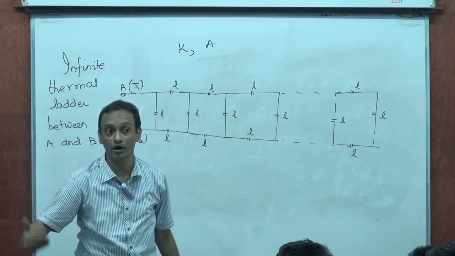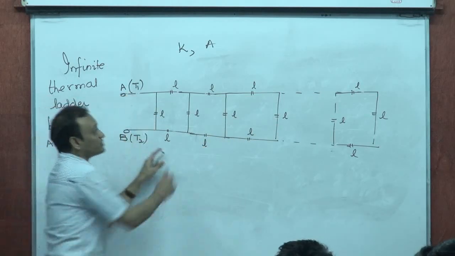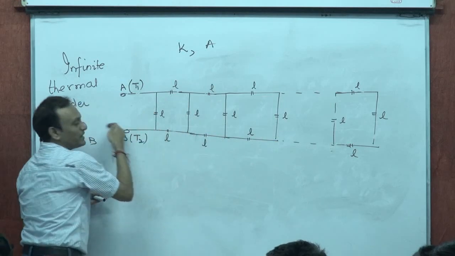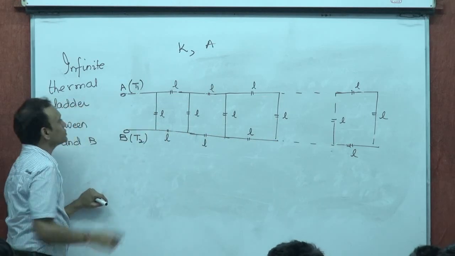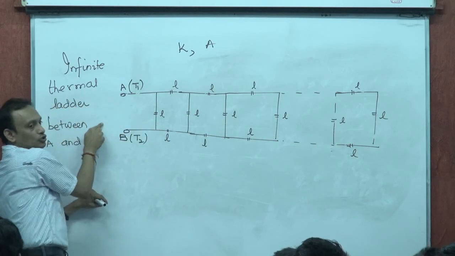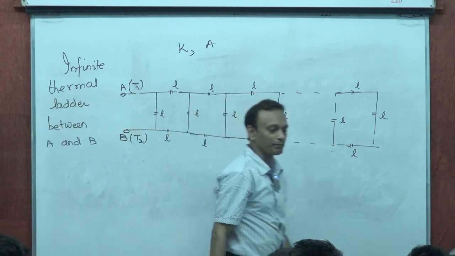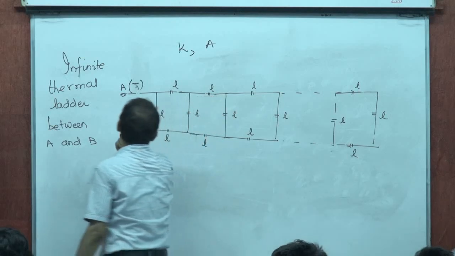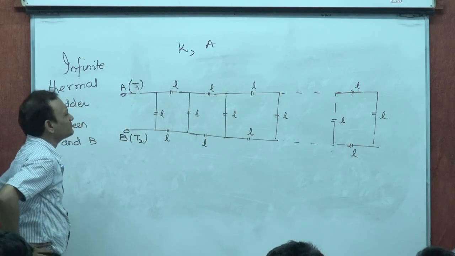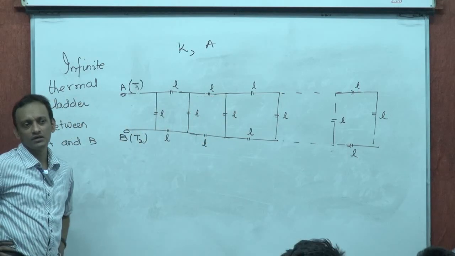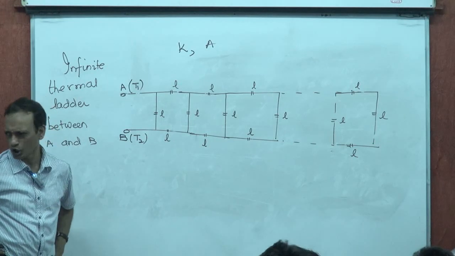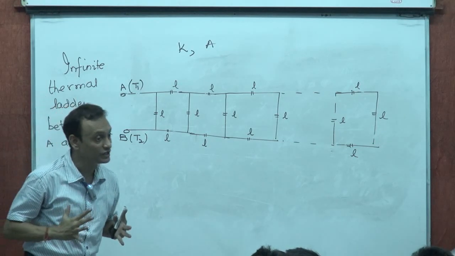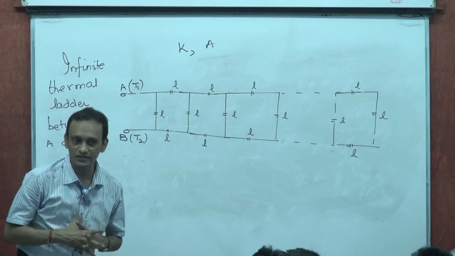Eventually it would recombine and come back to B. So Q dot that enters A is Q dot that leaves B. I want to be able to find the heat current that enters A or leaves B, the total heat current associated with this ladder.